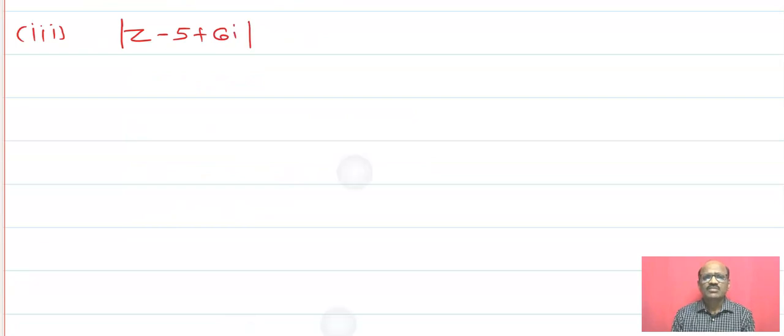Now next, mod of z minus 5 plus 6i is equal to 5, and z is equal to x plus iy again.